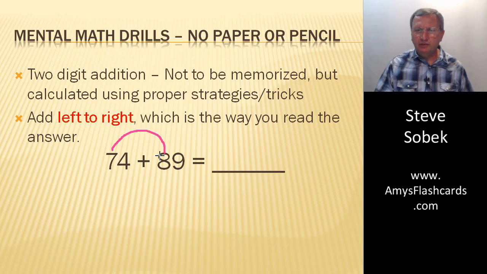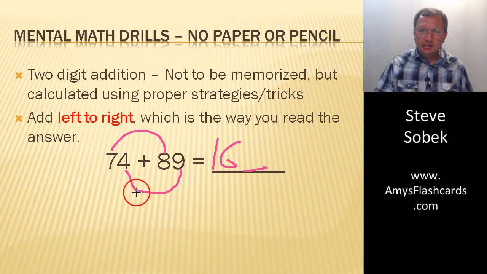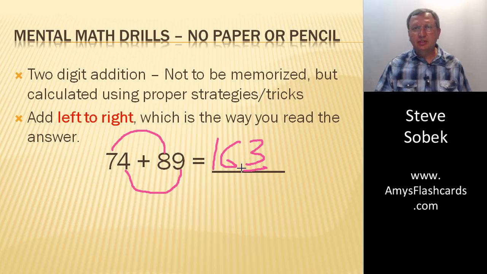So we're thinking 150, but we don't say it yet. A quick glance over here, that sum is going to be more than 9. So instead of saying 150, you say 160. Well, 160 what? You have to then look at this and say, what does 4 plus 9 end with? A 3. So 163.